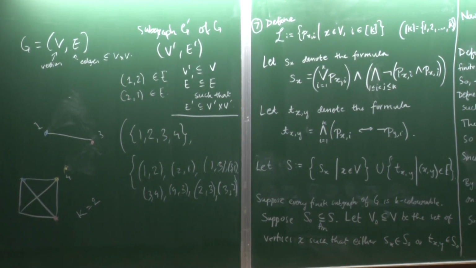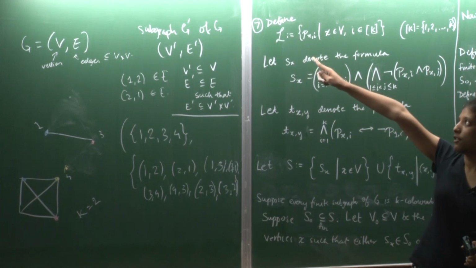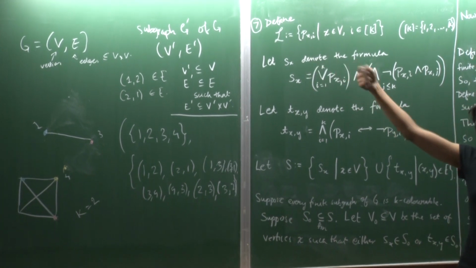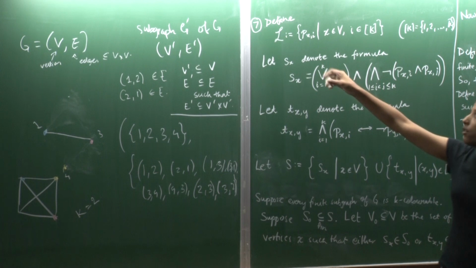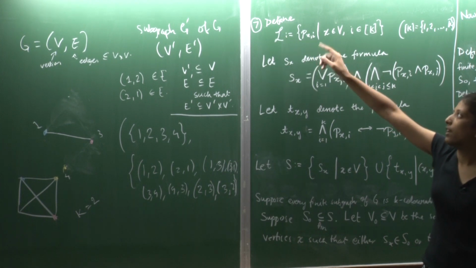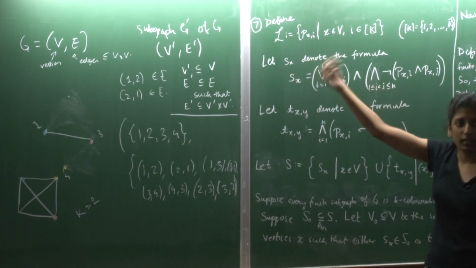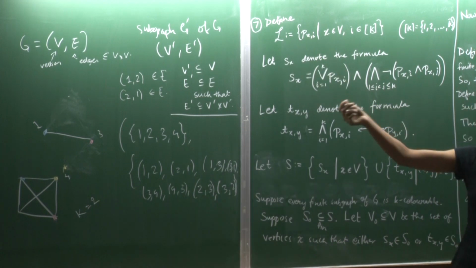So the question also gives you a hint. You start with defining a set of propositional variables. We'll call that set L. This consists of Pxi, where x iterates over the vertices and i iterates over the colors.